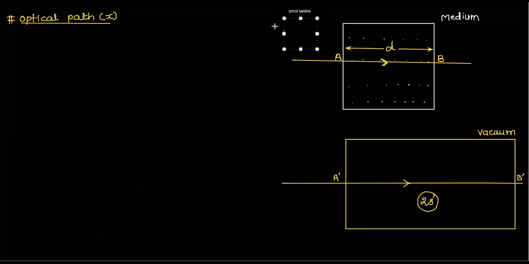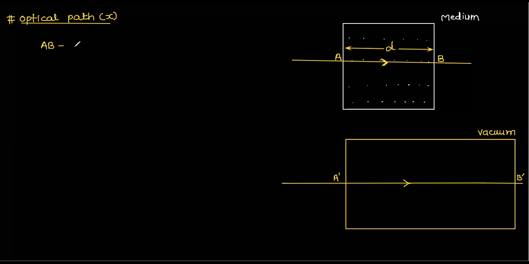Right, so first I'm writing the definition. First, AB here is called your geometrical path or real path.